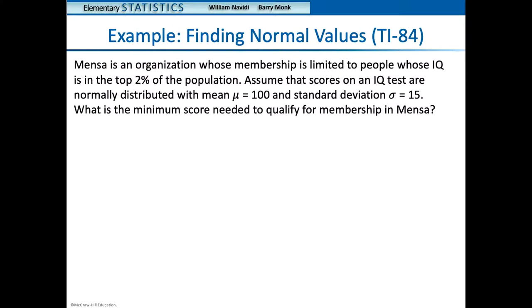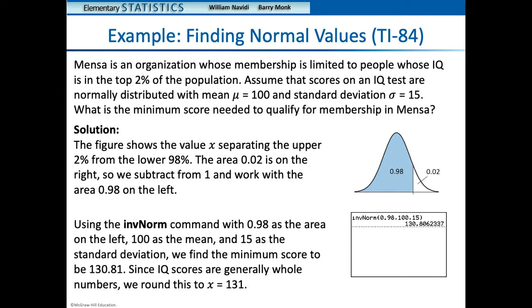So if we were to use that for our Mensa example, we would access the inverse norm command, and the first number we would input is 0.98, since that's the given area to the left, right? The next number we would input is 100, because that's the mean of my normal curve.